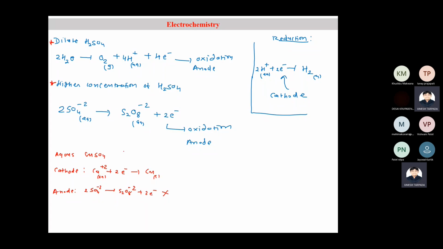Instead of that, what happens in the presence of H2O? Aqueous solution CuSO4 may undergo hydrolysis to give Cu plus 2 plus SO4 minus 2 ion. Cu plus 2 is of course reduced to Cu. SO4 minus 2 does not reduce. Instead of that, reduction of water takes place.